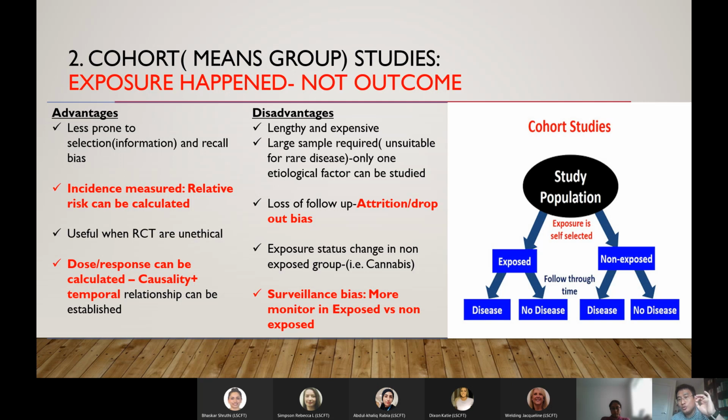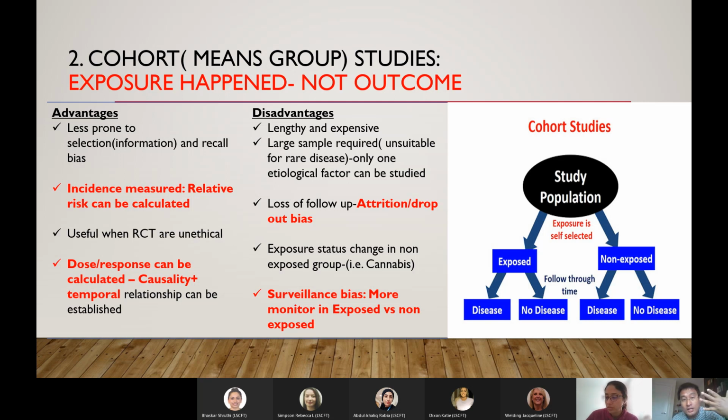Okay, so let us do 5 or 6 MCQs. To calculate the incidence, out of the 5 studies, which would be a suitable option? Cohort, case control, randomized, case series, or let us say systematic review. Cohort, incidence, cohort.